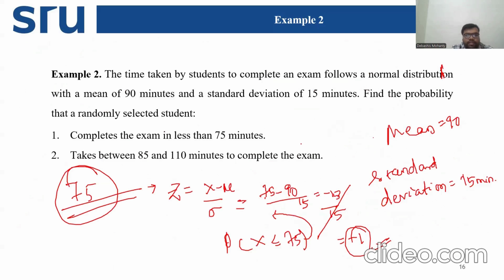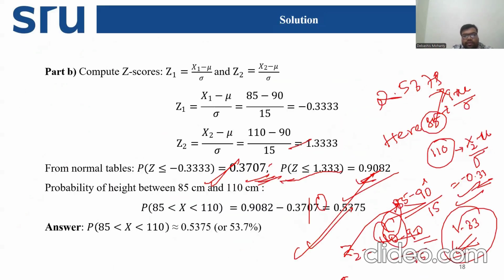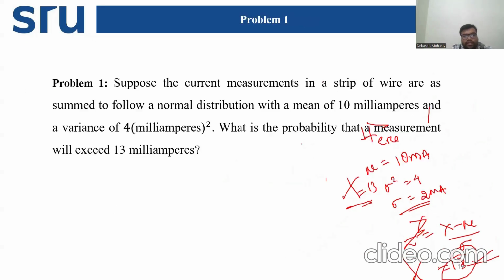Okay, students. So this question also we have solved. We have seen how we are going to use the z value. This is an application question, an application of the normal distribution. In this question, I have explained how, for measuring the current, we are going to use the mean and the variance.